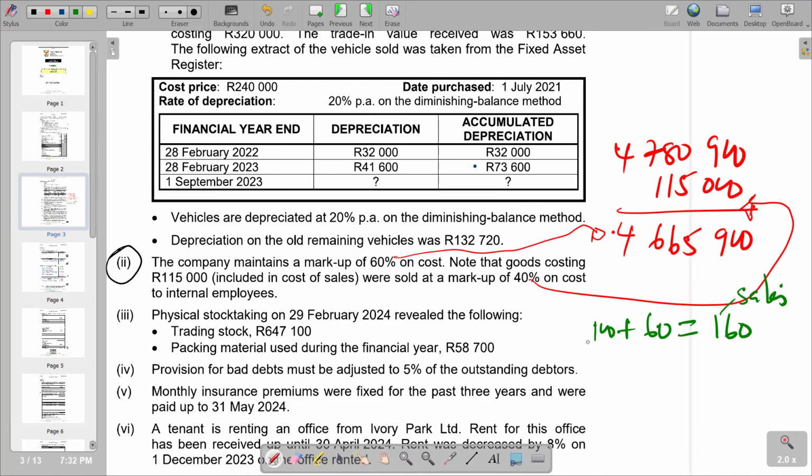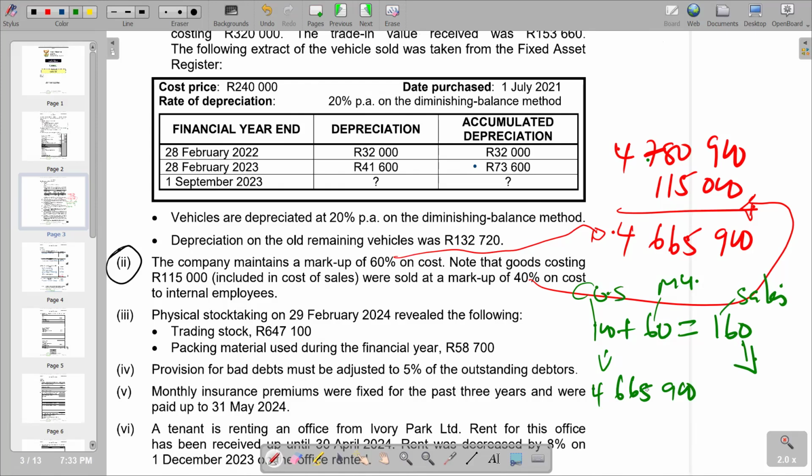And this is the cost of sales, and this becomes the markup. The figure that we are given here as our cost of sales, we use the one after we have subtracted the one with 40% markup. So we are using 4,665,900. So that's 100%.